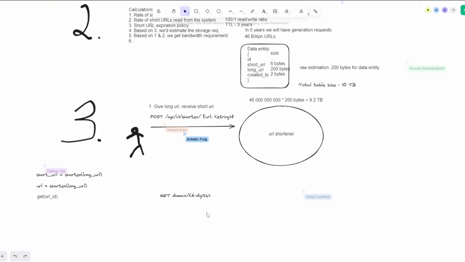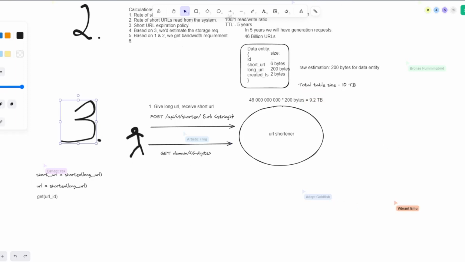That's it. So looks great. abc.com/123456, I think it will be enough. The basic idea is here. So we made our API.